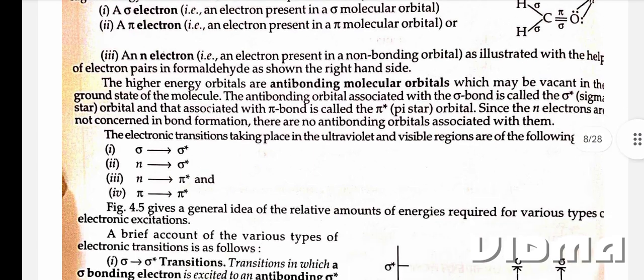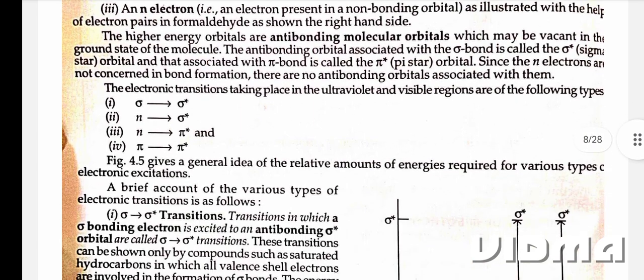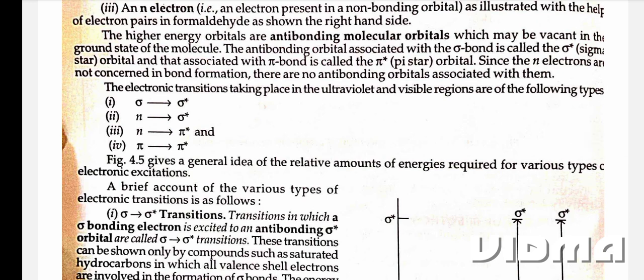The higher energy orbitals are antibonding molecular orbitals which may be vacant in the ground state of the molecule. The antibonding orbital associated with the sigma bond is called the sigma star orbital, and that associated with the pi bond is called the pi star orbital. Since the n electrons are not concerned in bond formation, there are no antibonding orbitals associated with them.